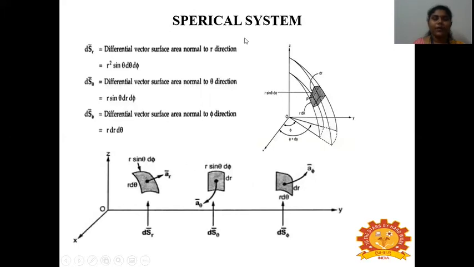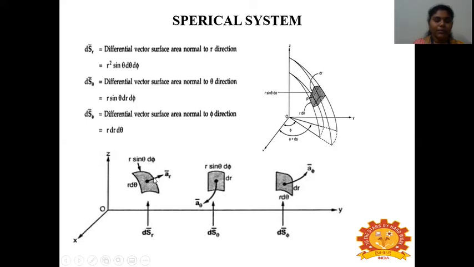So next we have to find out the differential vector surface area for a spherical coordinate system. First we will consider the r vector, that is, the r axis. The differential vector surface area normal to the r direction will be given by r d theta into r sin theta d phi.